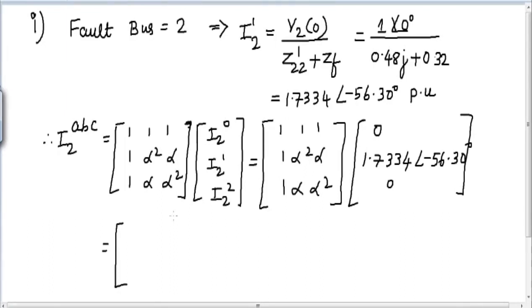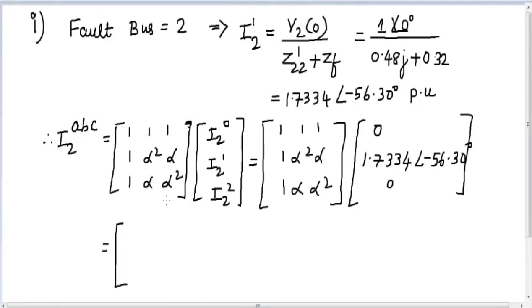So reply me here what will be the final answer, I2ABC, first row, if anyone has calculated. If anyone has calculated, please reply here. What is the answer?